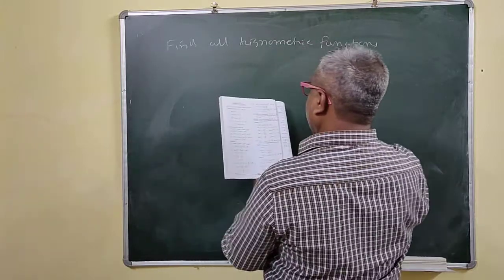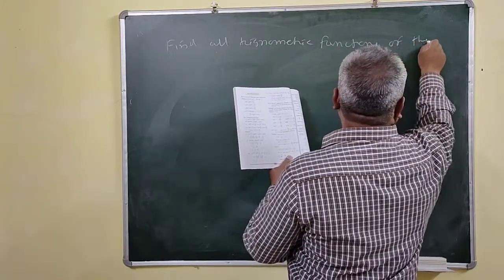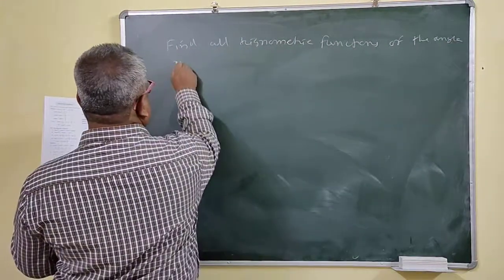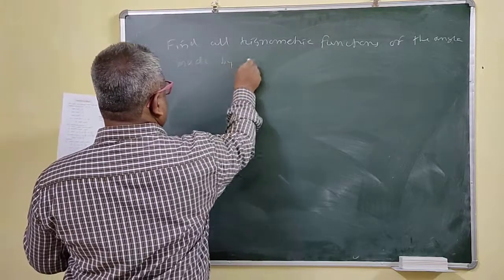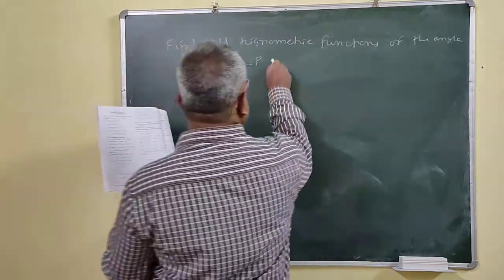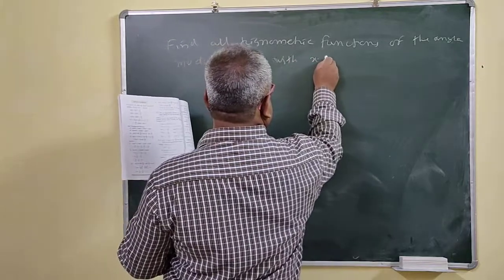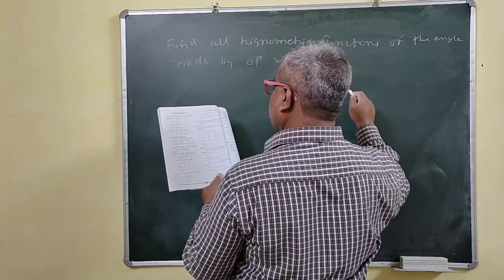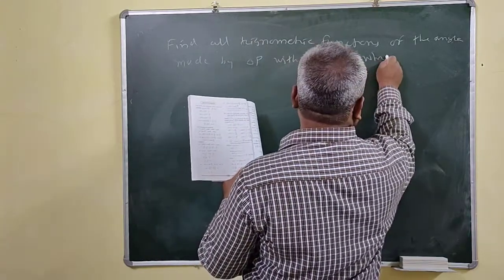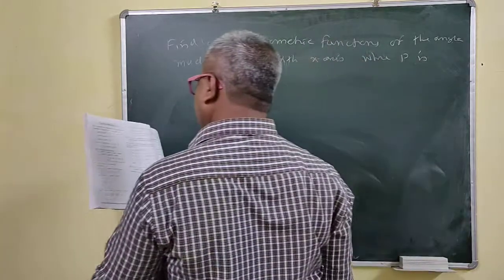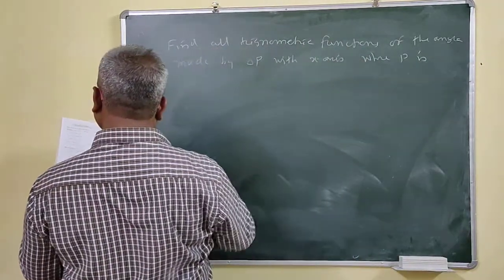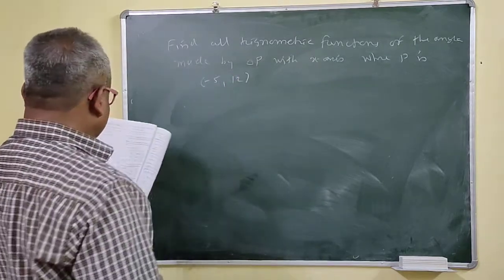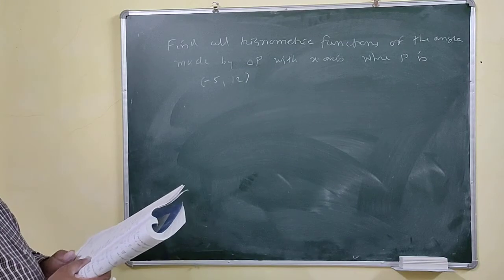Functions of the angle made by OP with the x-axis, where P is -5, 12.